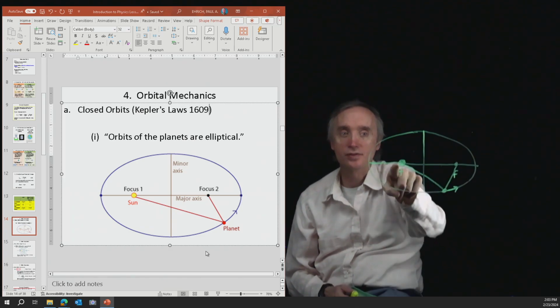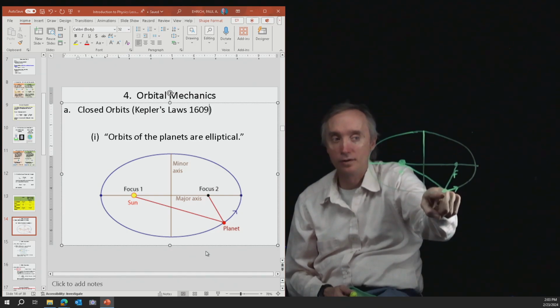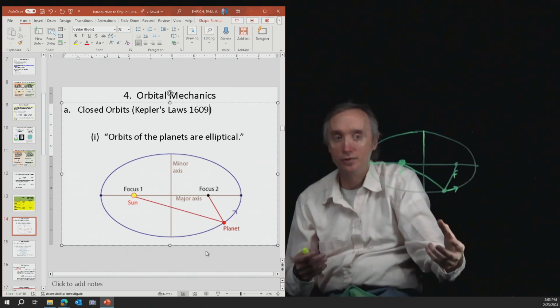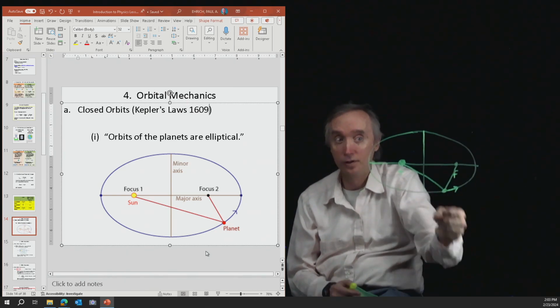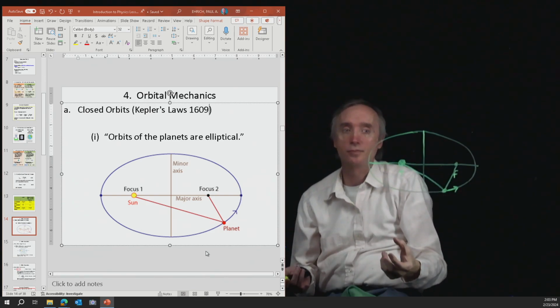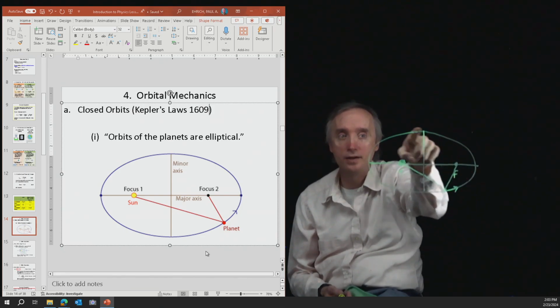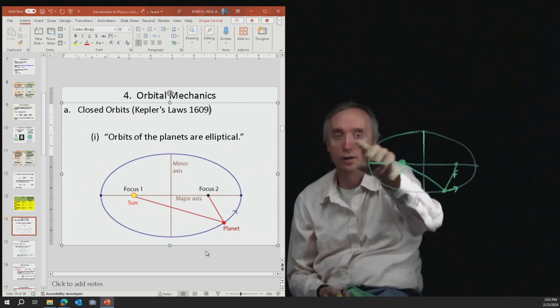But since a star is normally thousands, if not a million times bigger than the mass of this thing, that means the center of mass is thousands, if not millions of times closer to the star. So for all intents and purposes, the star stays put, and then it's the planet that is moving around it.